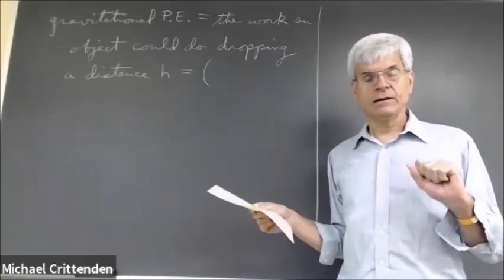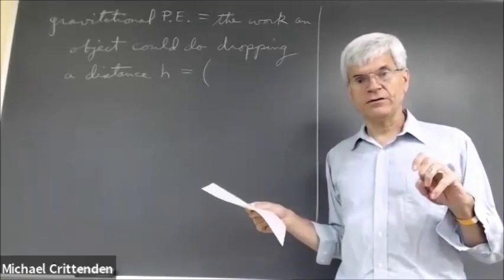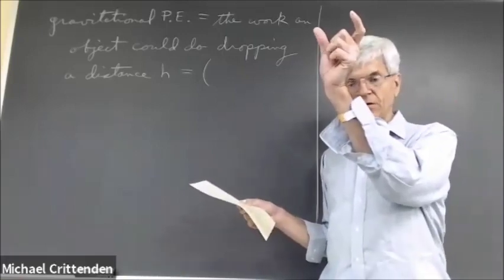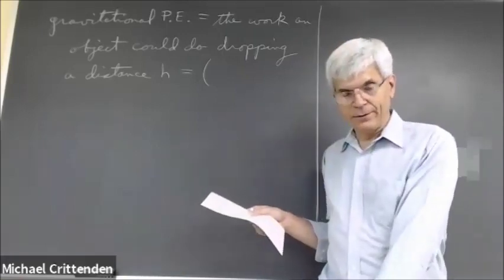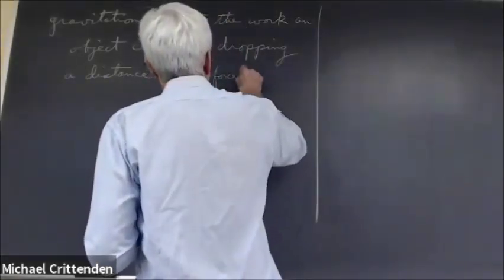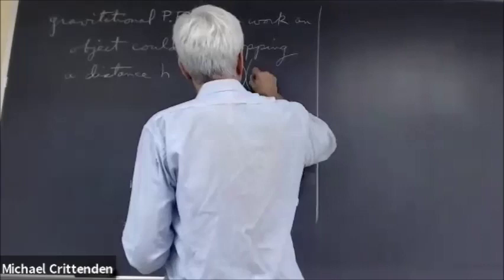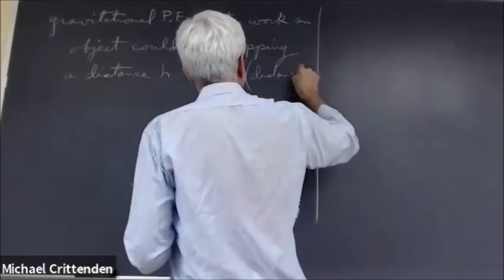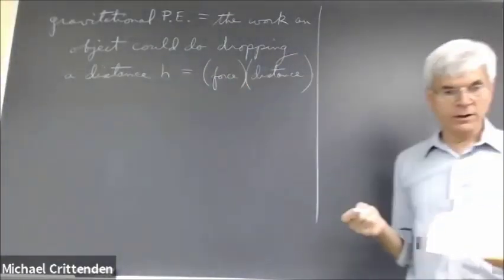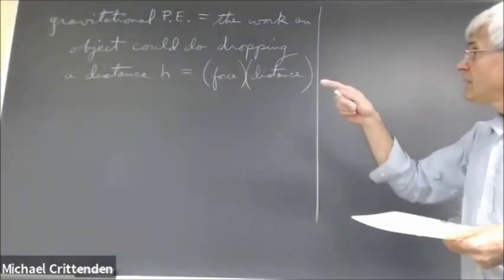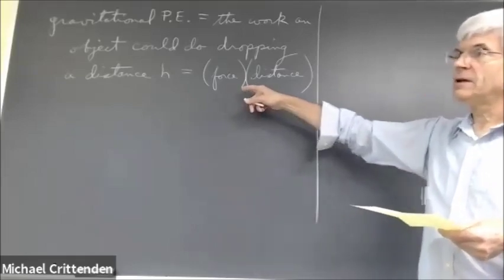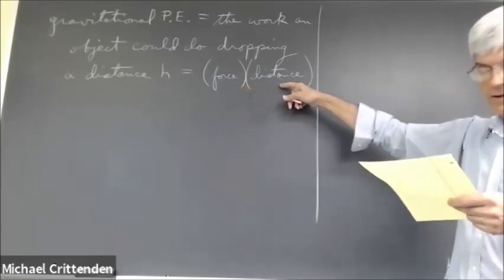Well, let's be a little less rigorous and a little less time consuming, and just consider the case where something goes straight down, in which case the work that an object could do in dropping a distance h would be the force that it can exert times the distance that it can exert it through.